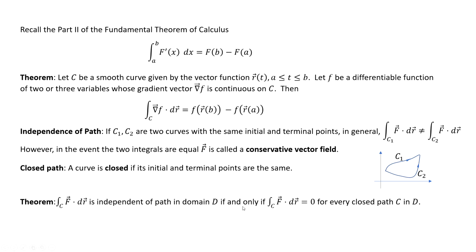Maybe I have mentioned this before. Are you familiar with this phrase, if and only if? In mathematics, when you see that, it means the stuff to the left of that if and only if implies the stuff to the right of it. And also, the right stuff implies the left-hand side.